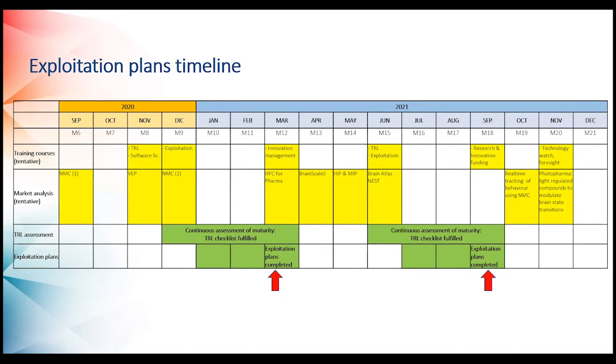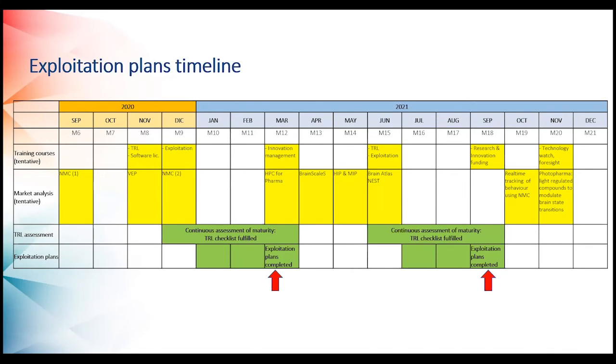Well, in parallel and supporting that, I have included here two lines in yellow. The yellow cells are our work, and the green cells are the work that you are invited to do.